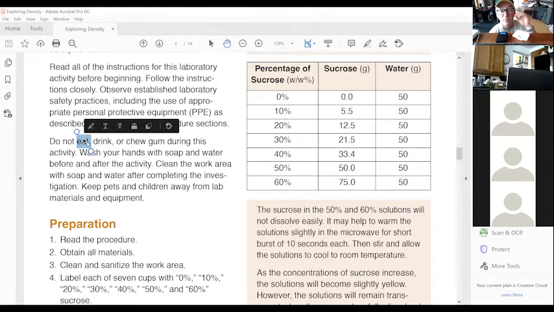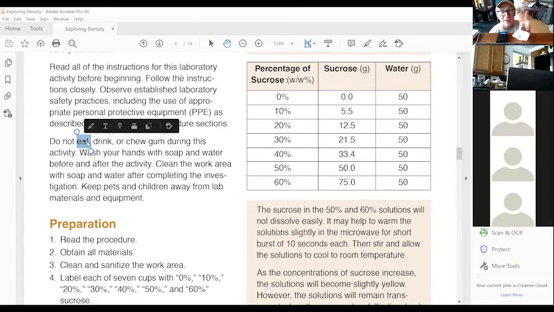But then when you make your solutions, like I said, you really need to let them come down to room temperature, because as you pointed out, density is dependent on the temperature. If I have a bunch of different temperature solutions, the density is going to be determined now on two things rather than just one. Instead of just the percentage of sucrose, it's also going to be dependent on the temperature.